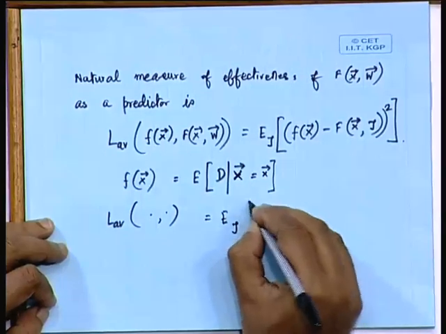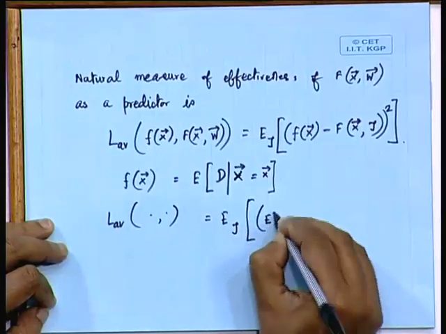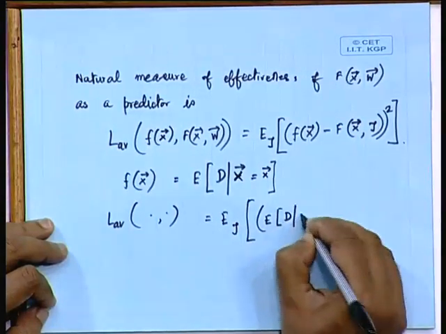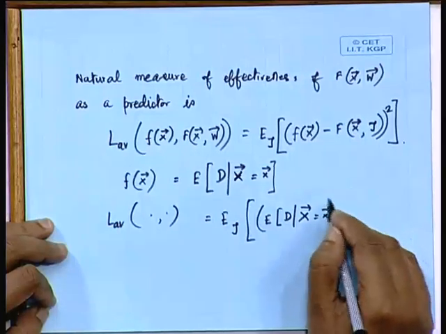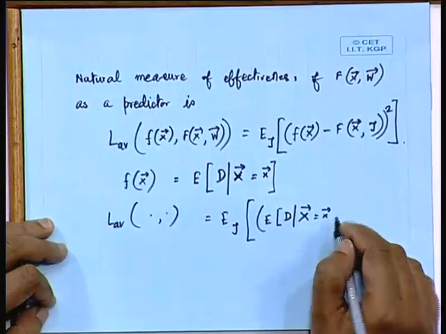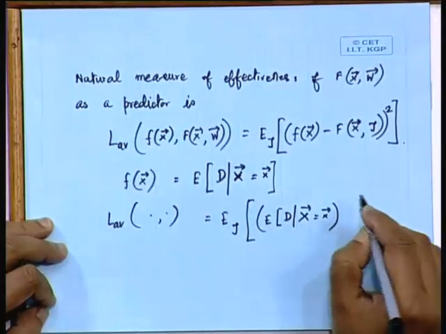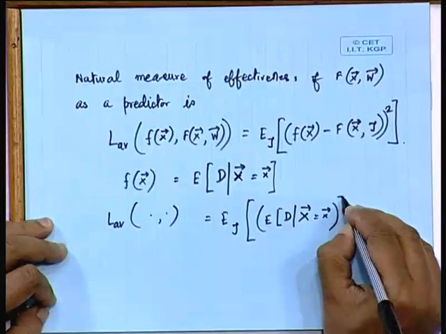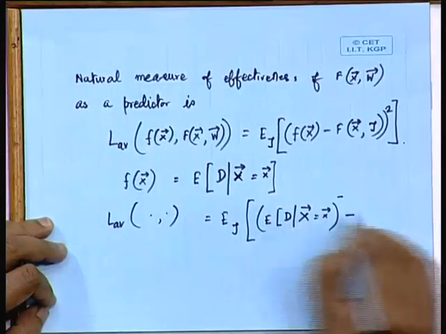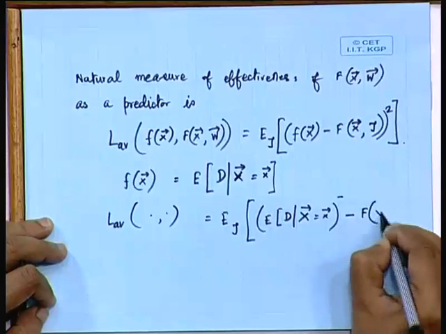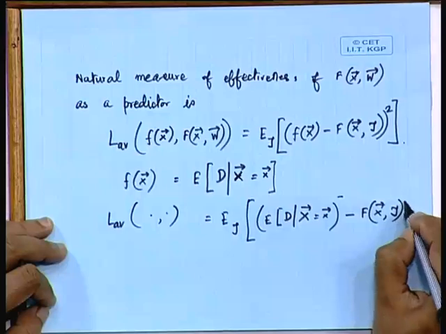E_T of, instead of f(x) we have to write it as E of d given x vector, where the large X vector is the random variable and the small x vector is an instance of that. So, expectation of this term minus f of x comma T, as it is, and the square of this.